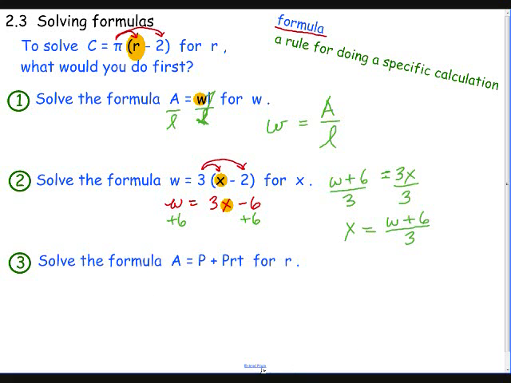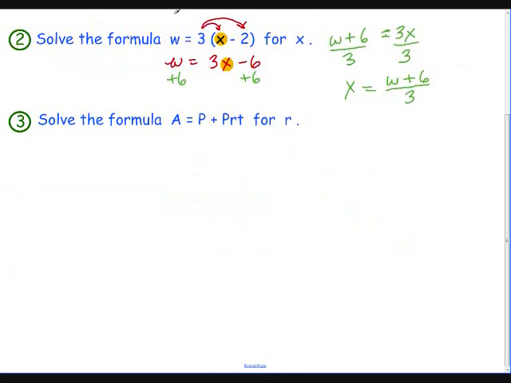Finally, we want to solve this one for r, so let's point out what we're looking for. Well, this term is the only one that has r in it. So I guess I could subtract P from both sides, couldn't I? And I'd have A minus P equals P r t.